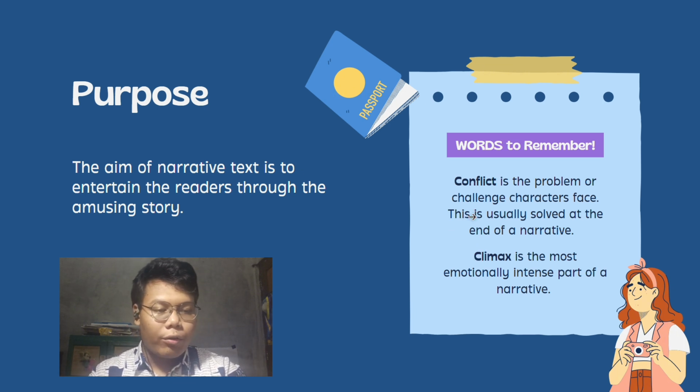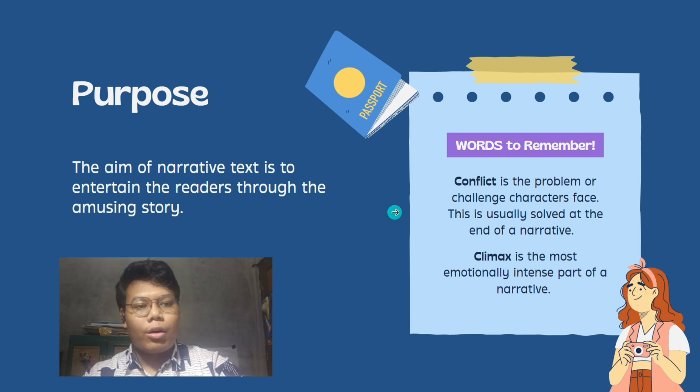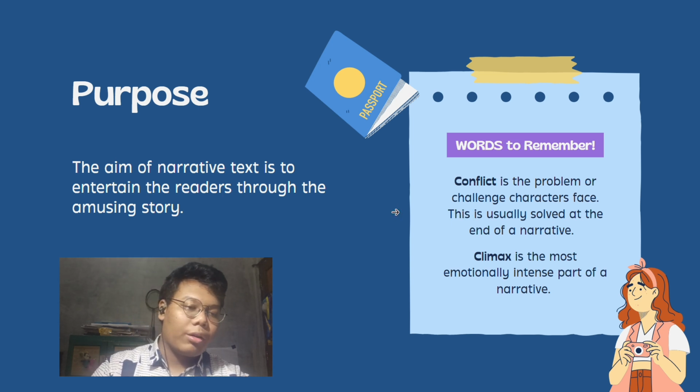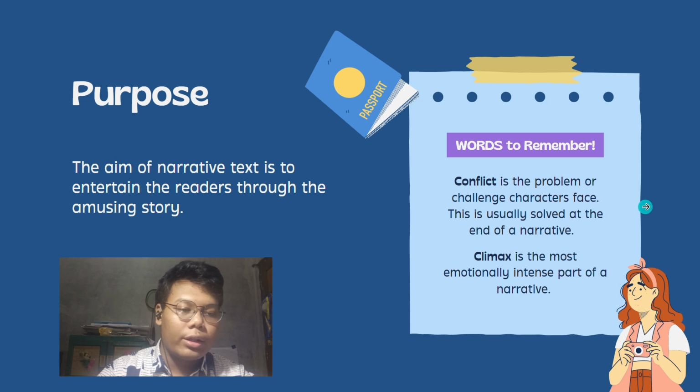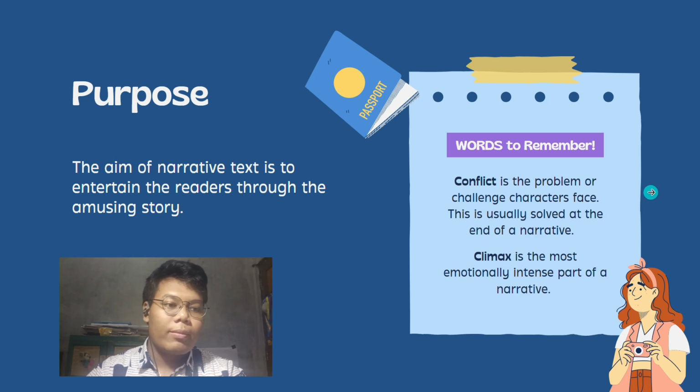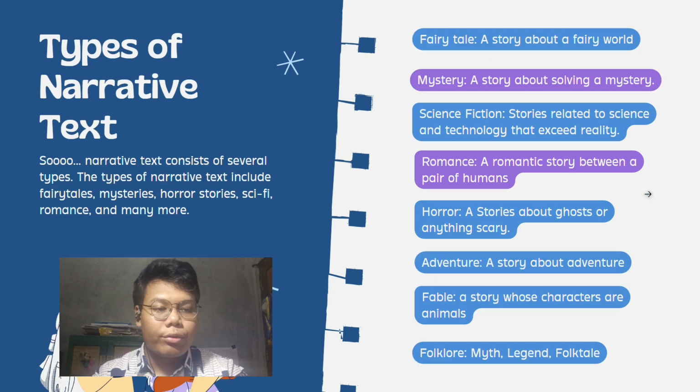First one is the conflict and the climax. Conflict is the problem or challenge characters face in the story. This is usually solved at the end of the narrative. Then climax is the most emotionally intense part of a narrative.